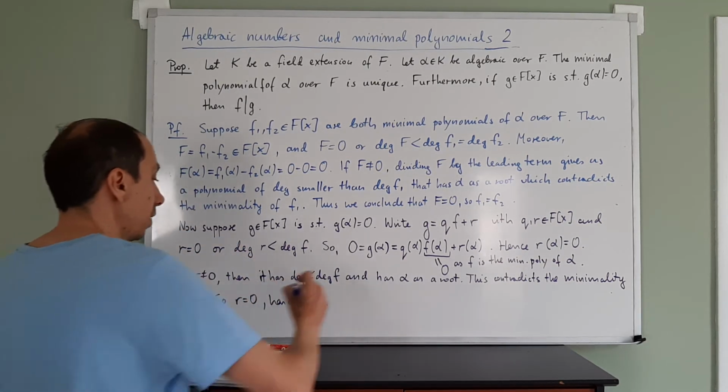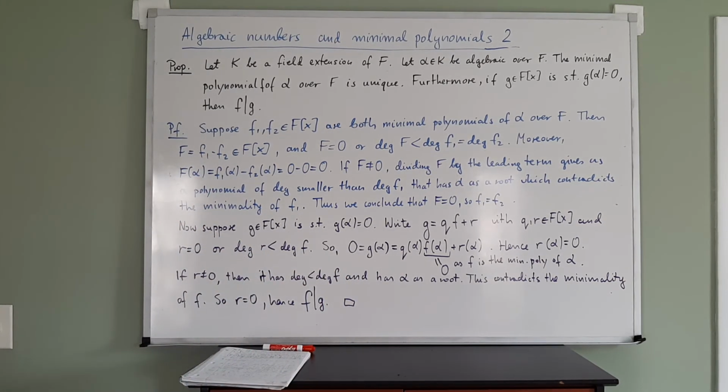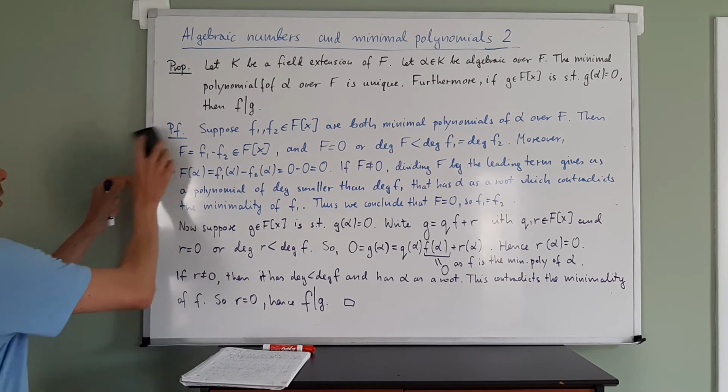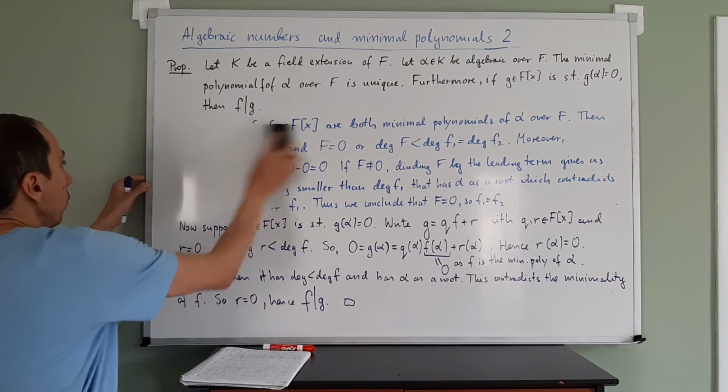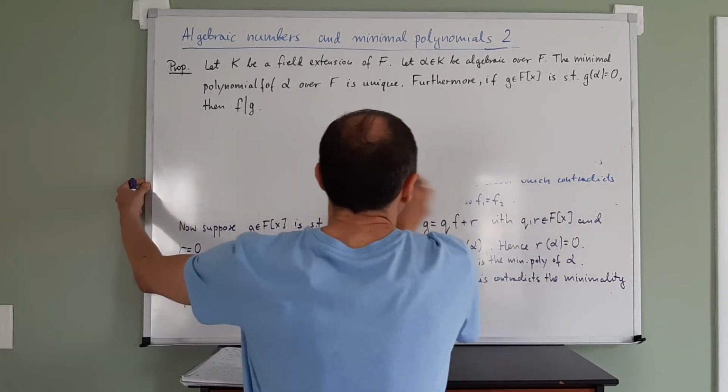Okay, and this finishes the proof. This proposition has a very useful corollary. So I'm going to erase the first part of the proof here and put the corollary here, but keep the proposition on the board so we can refer to it.